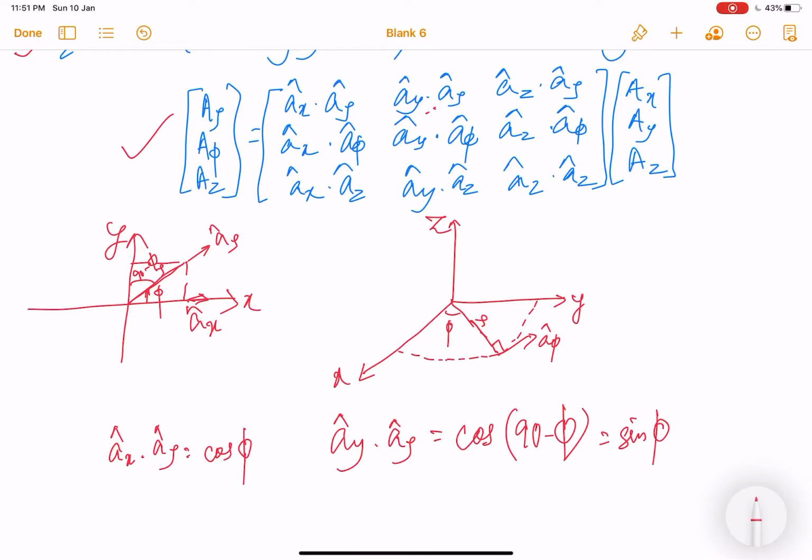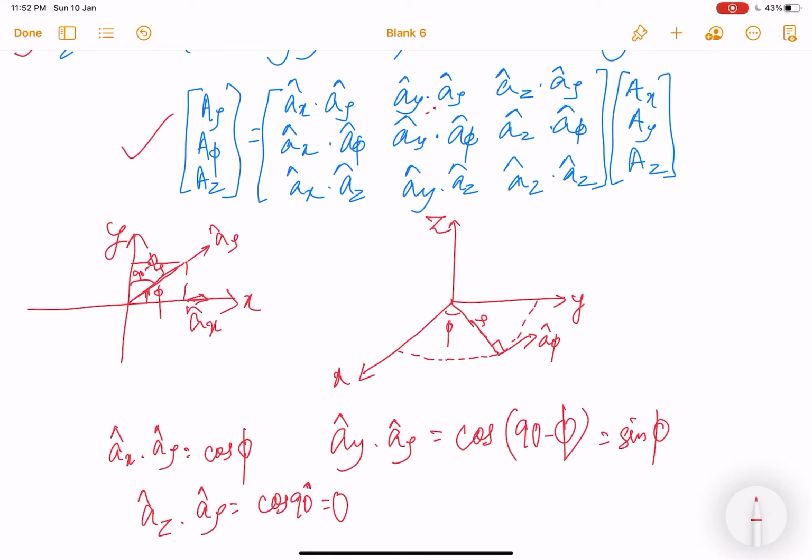Then next, az dot a rho. We know a rho is in the xy plane and az cap is perpendicular to it, so the angle between them is 90 degrees. So az cap dot a rho cap is cos 90 degrees, which is 0.